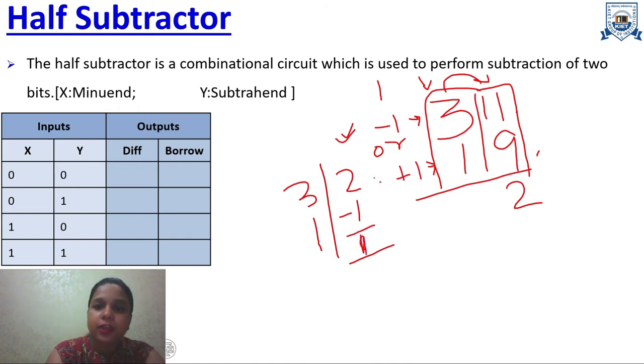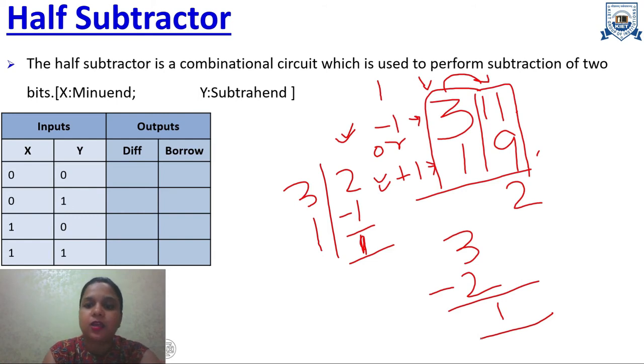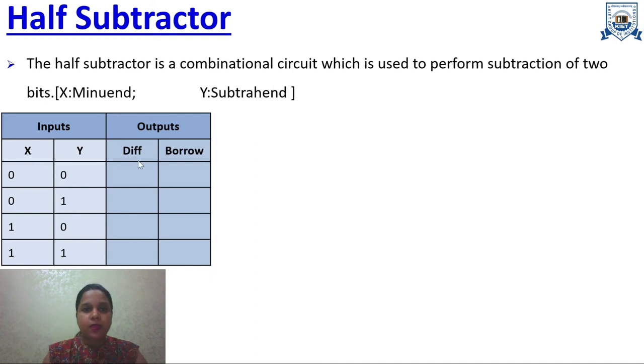If we pick the other, then it will be 3 minus 2 and the result will be the same, that is 1. So the output here will be 1. So here we learned that if we are taking a borrow from the previous bit or number, then we have to inform this side. That's why we have 2 outputs, that is difference and borrow.